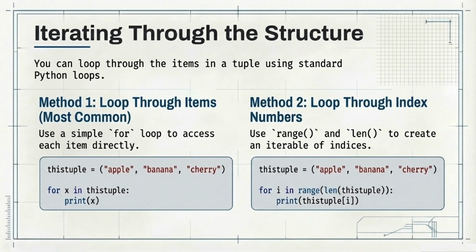While this method is slightly more verbose, it can be useful when you specifically need the index value, for example, when tracking positions or performing index-based operations. In most cases, however, looping directly over the items is preferred for its simplicity and clarity.